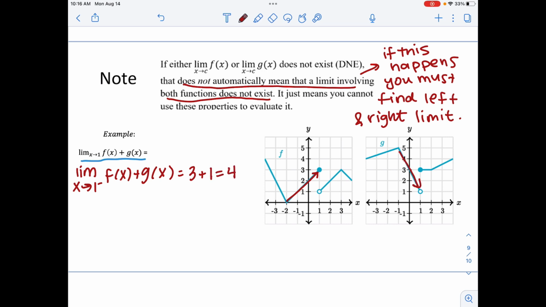So the left-hand limit of f of x plus g of x at 1 is 4. Now let's find the right-hand limit. The right-hand limit of this one is 1, and the right-hand limit of this one is 3, which equals 4.